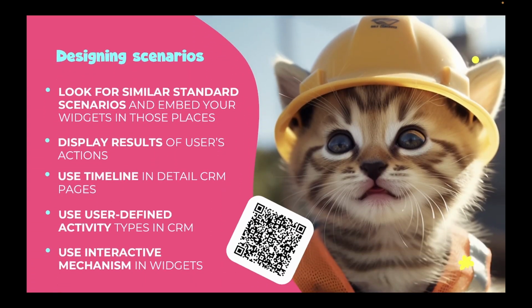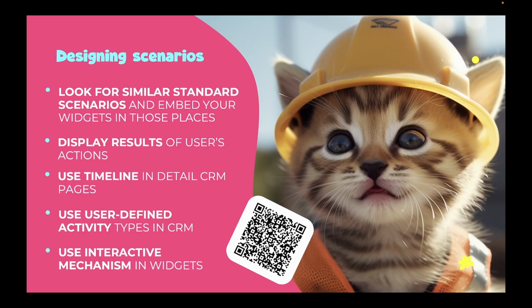The most important thing to keep in mind when designing application scenarios for Bitrix24 is to look for standard Bitrix24 features that share a similar user behavior to yours and embed your widgets in those same places. We've already discussed some examples.